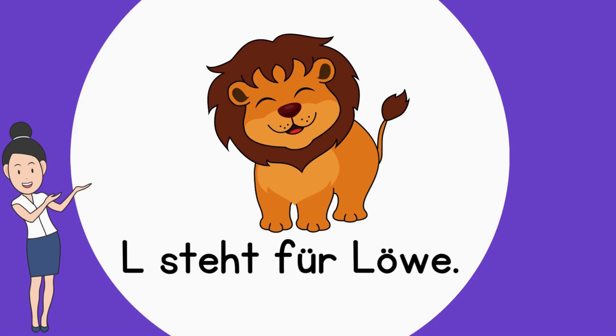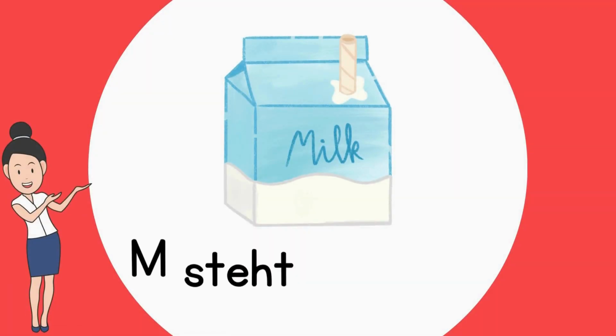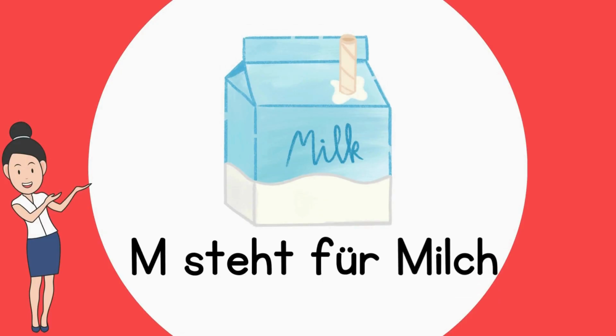Once again, Löwe. Löwe means lion. Next, we have the letter M. The letter M is pronounced as M in German. Yes, it's the same again. And M steht für Milch. Once again, Milch. Milch basically means milk.